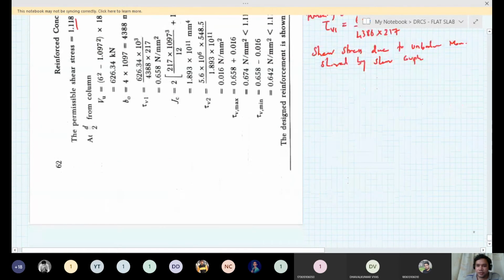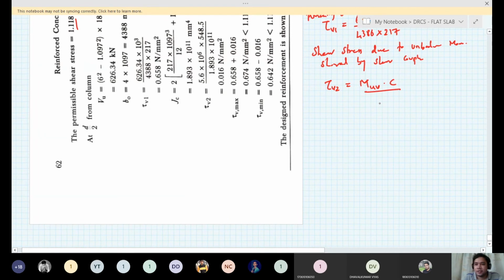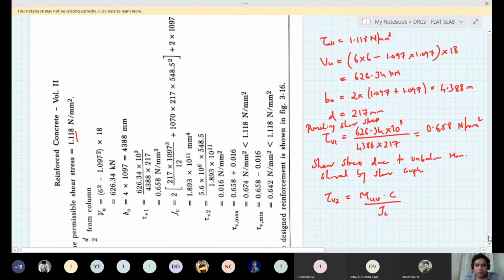So for that we need tau v2. Tau v2 is nothing but your unbalanced moment shared by the shear, that is Muv into c, where c is the distance from the extreme fiber, divided by Jc, the polar moment of inertia. So you find the Jc.